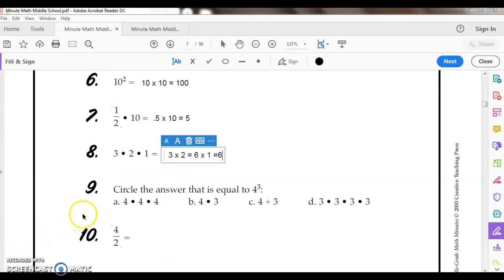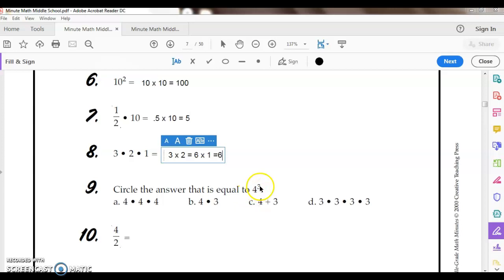Okay. So number 9, circle the answer that is equivalent to 4 cubed. Well, like I talked about here, whenever you have a number on top, whether it's 2, 3, or 4, you're going to multiply that by the amount of numbers that there are on top. So because there's a 2 on top, you're going to multiply 10 2 times.